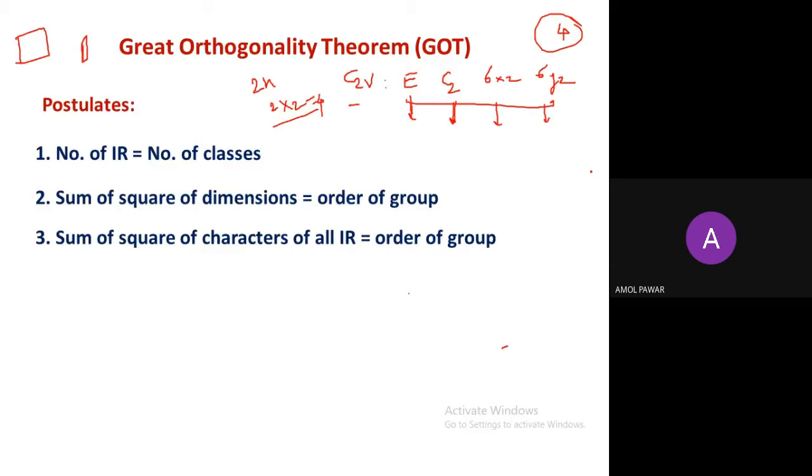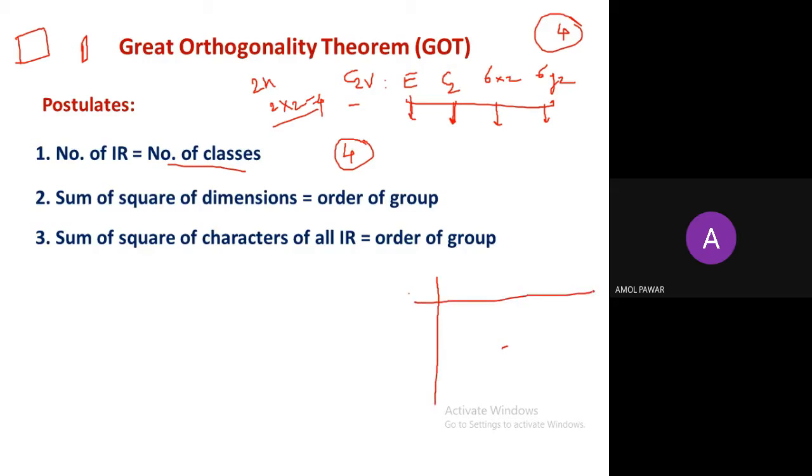First we will discuss the example of the C2V point group. Here the class is 4. If the number of classes is equal to 4, then the number of irreducible representations is equal to 4. Then how to write a character table?